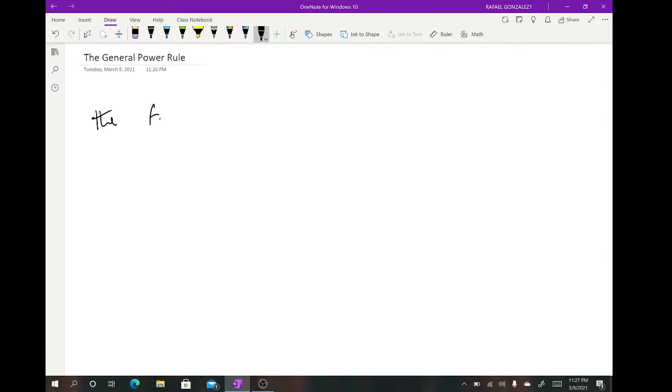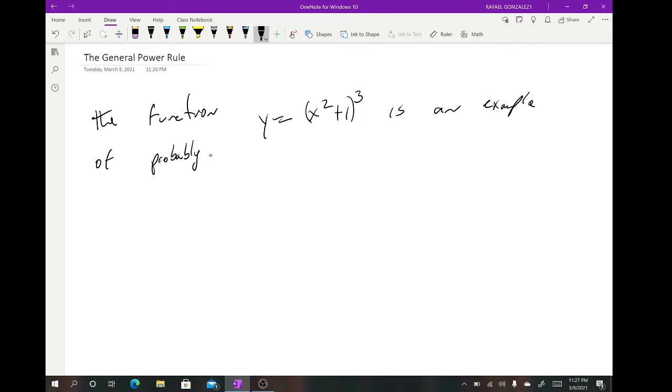So the function that we did, the first example, which was y equals (x squared plus 1) cubed, is an example of probably the most common type of composite function.